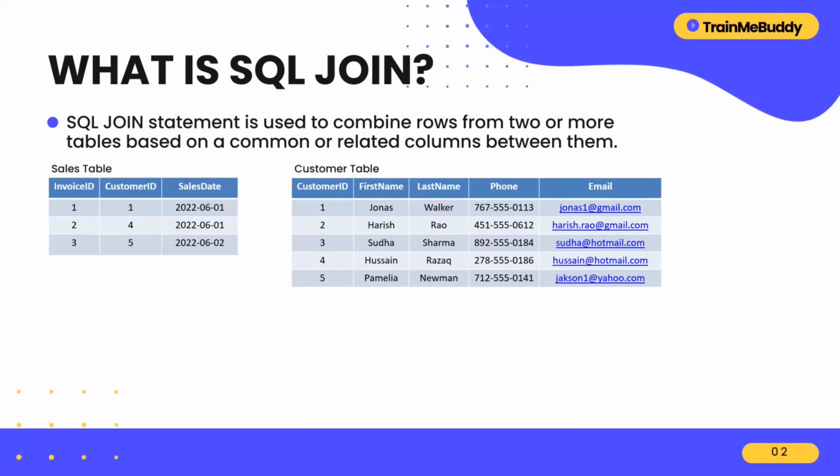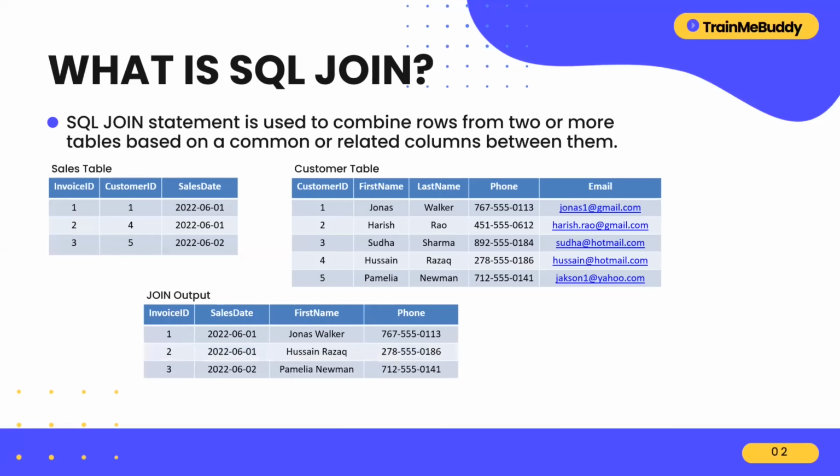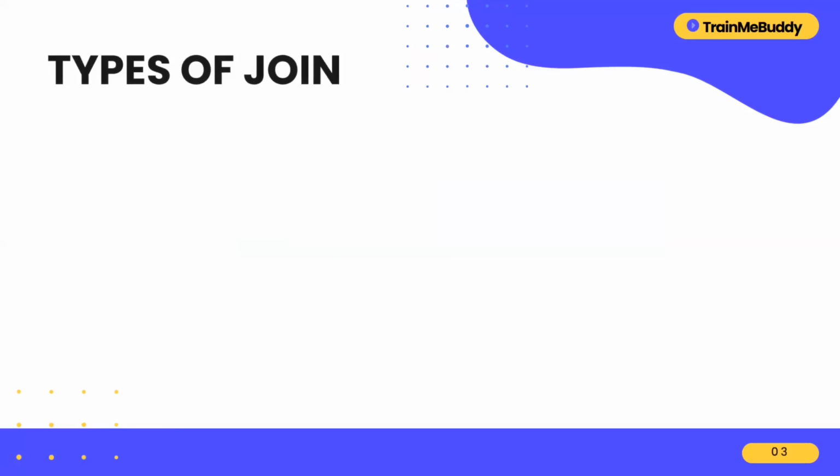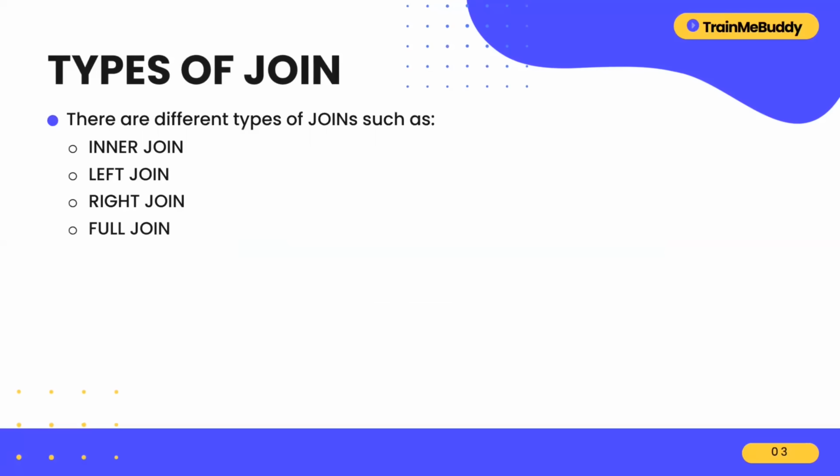For that, we need to use a join statement to combine the data so that we get the invoice ID, sales date, first name, and phone number. So in SQL, we have different types of joins, such as inner join, left join, right join, full join, self join, and cross join.